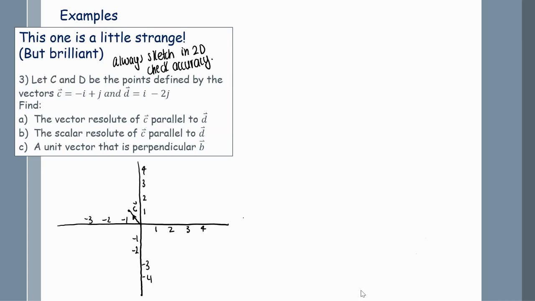We can see that vector C will be 1 unit to the left and 1 unit up, while vector D will be 1 unit to the right and 2 units down.